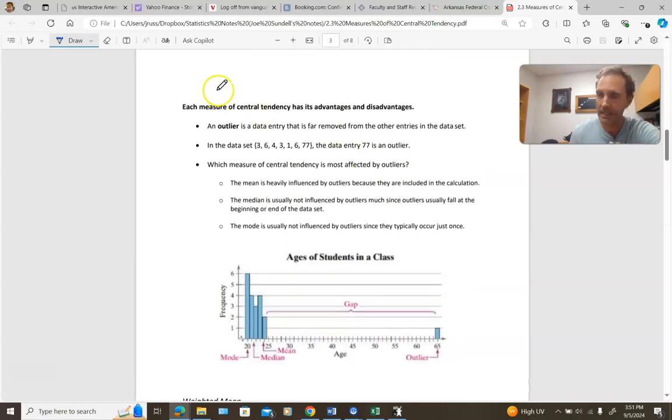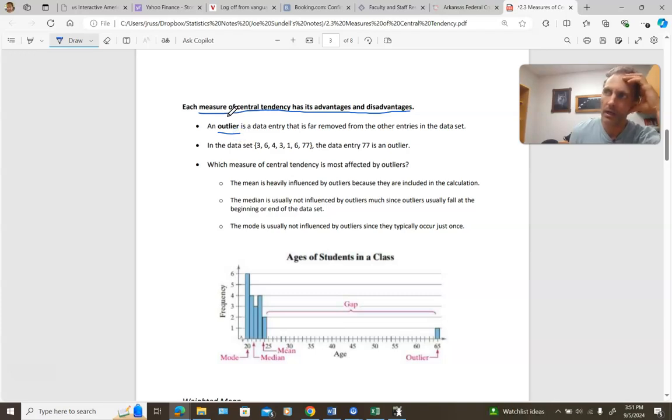Okay, so like I said, each measure of central tendency has its advantages and disadvantages. So those three measures are the mean, the median, and the mode. All right, so the first thing we want to talk about is something called an outlier.